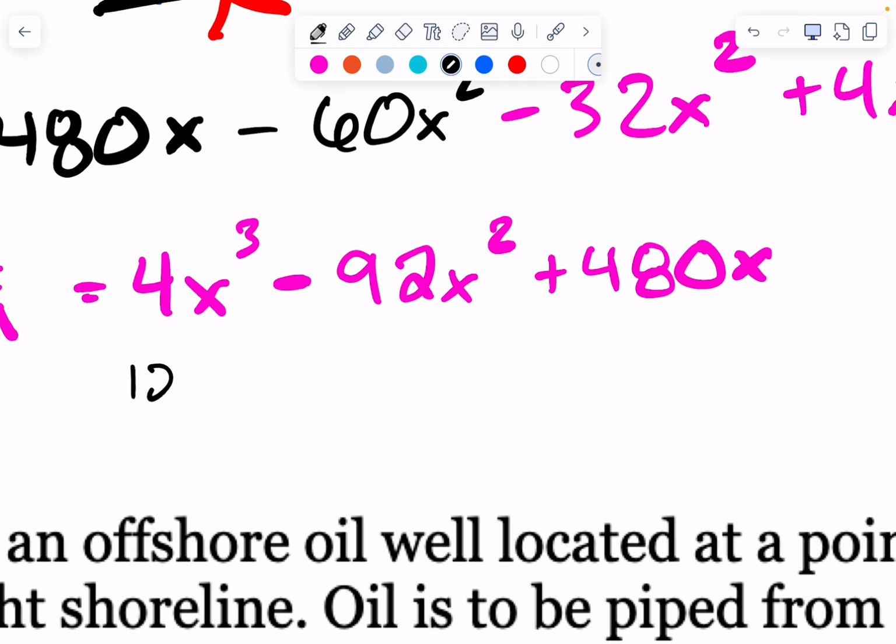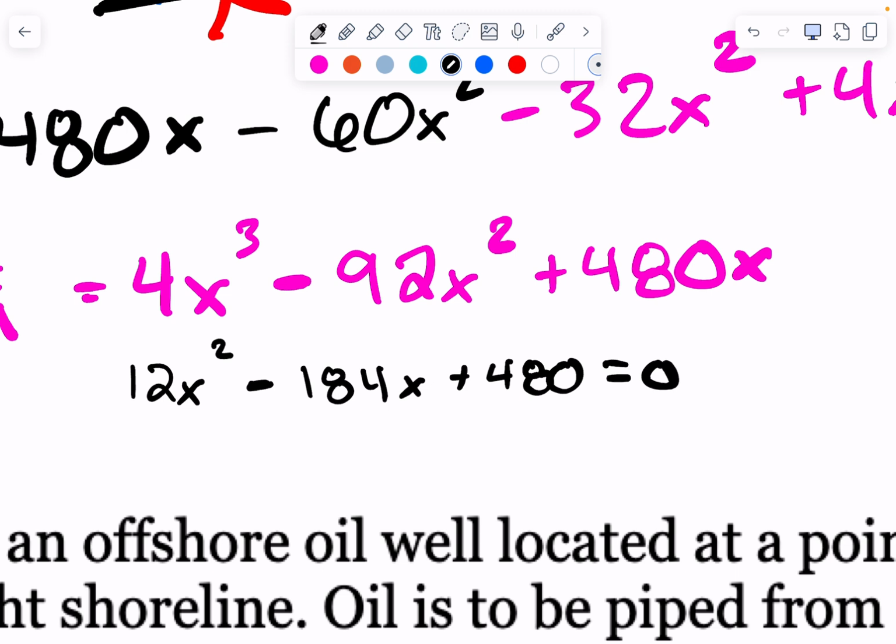Derivative is 12x squared minus 184x plus 480 equals 0. Okay. I wonder if we can divide that by 12. I bet we can. Can we divide each one of them by 12? No. Boo.